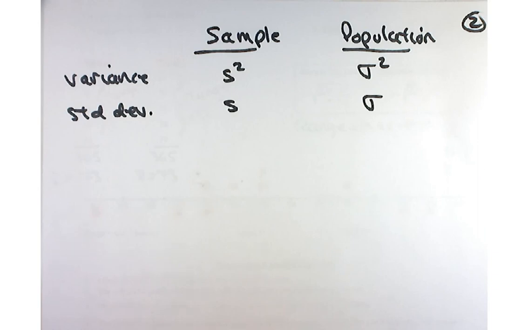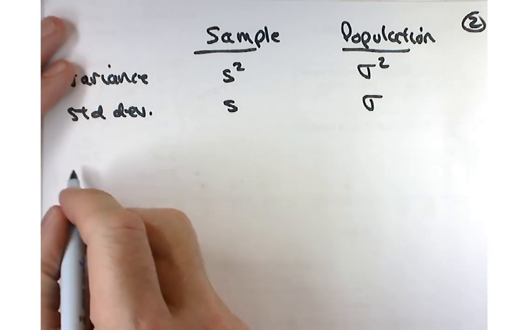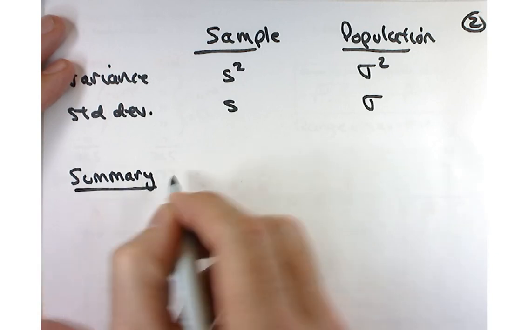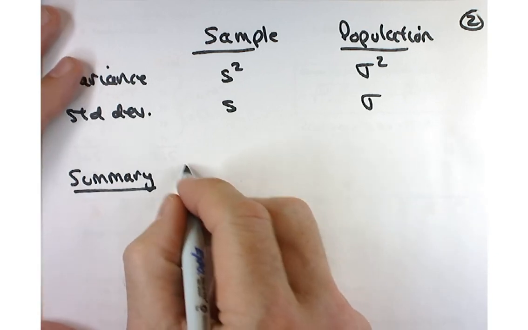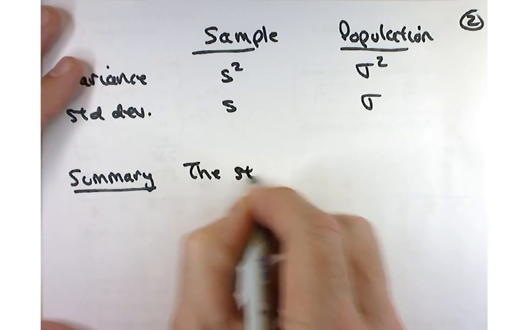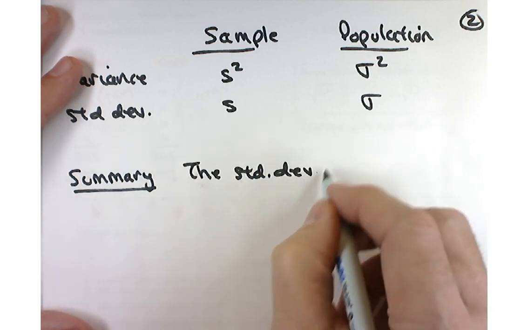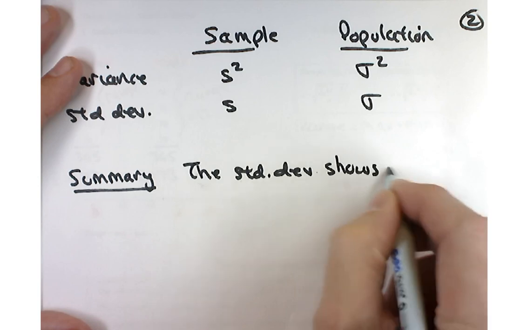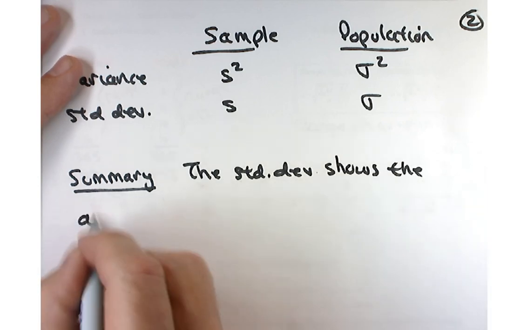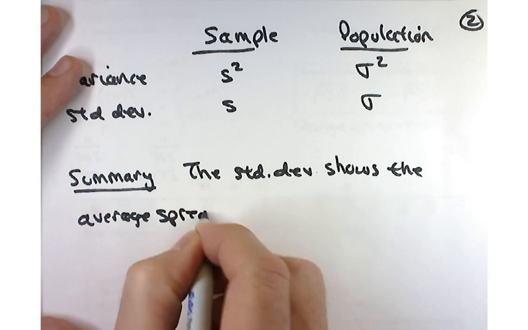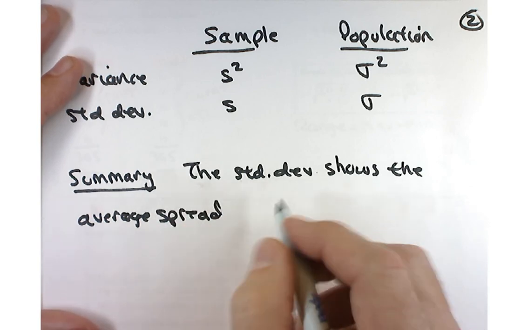As far as the summary is concerned, I would start out this way. Summary. So the standard deviation shows the average spread of the data from the mean.